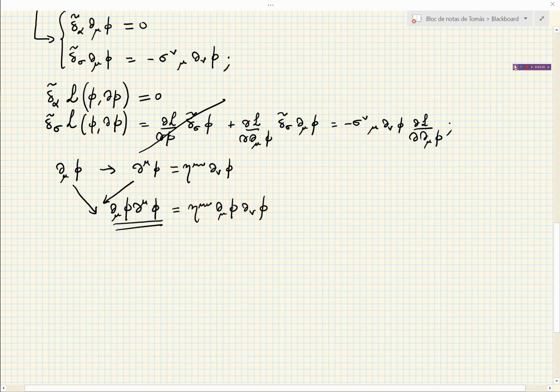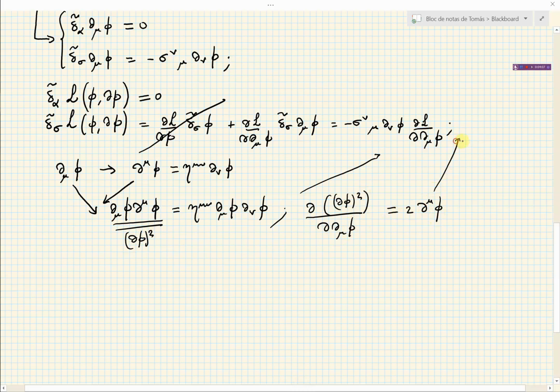And if you want to check that this formula gives 0, just for curiosity, and this is your expression, so we take the derivative of what we write as partial phi squared with respect to partial mu phi, and this is clearly 2 times partial mu phi.